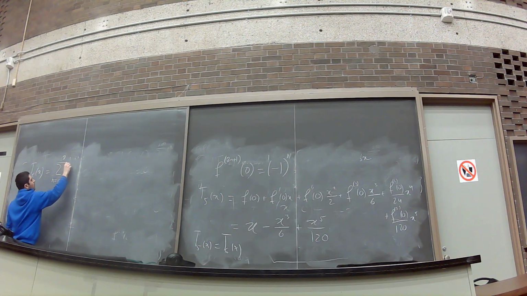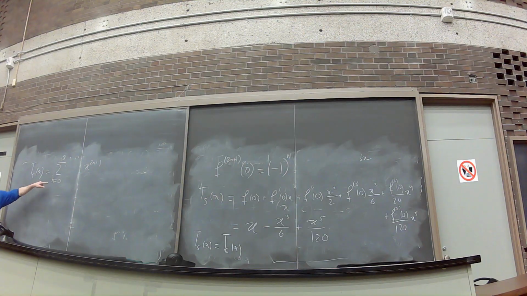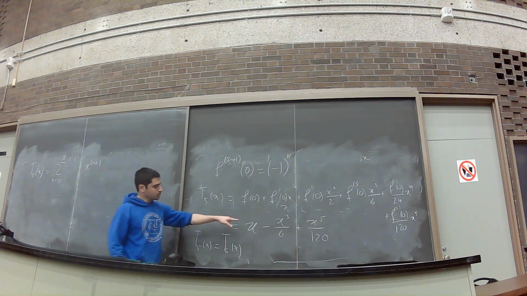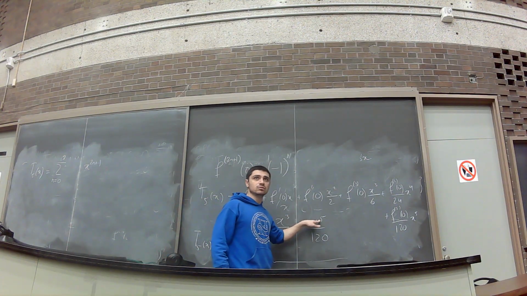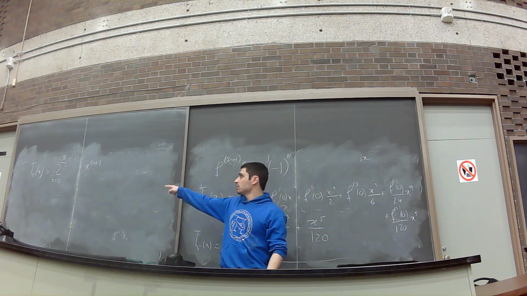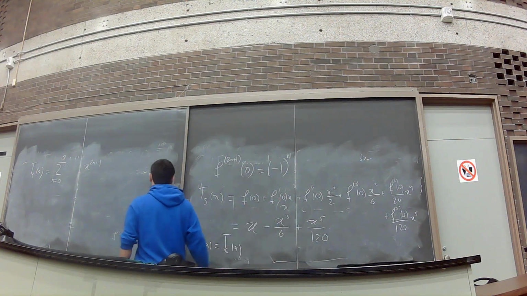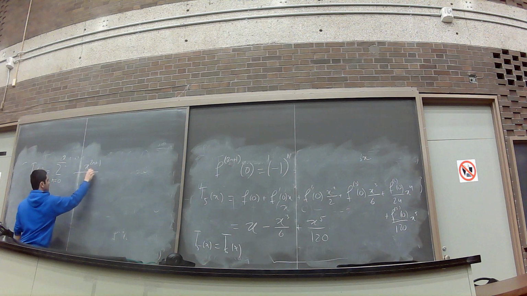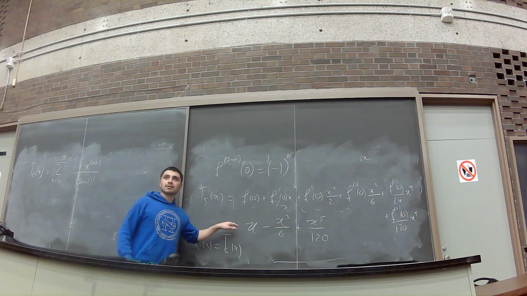So n is equal to 2. x to the 2n plus 1. Right? If n is equal to 0, 2n plus 1 is equal to 1. If n is equal to 1, 3. If n is equal to 2, 5. Great. So now you've dealt with this. Now, what is the factorial that appears here? This is the same as 2n plus 1 factorial. Right? Now, what is the coefficient that appears here?